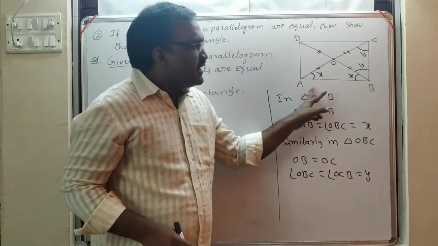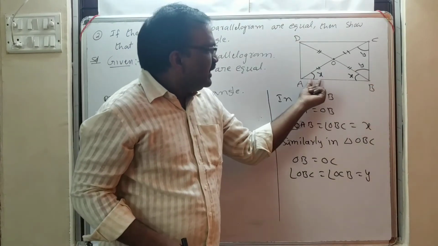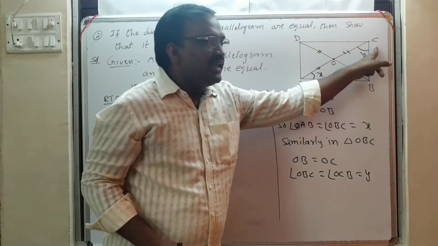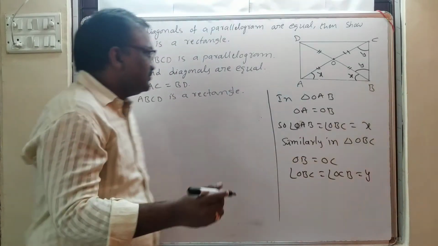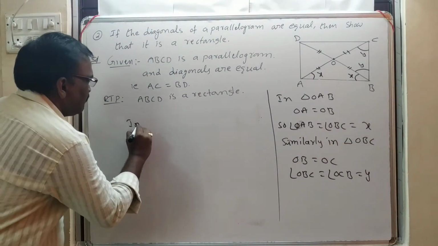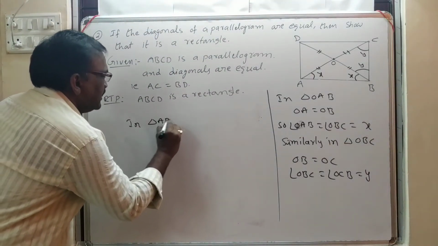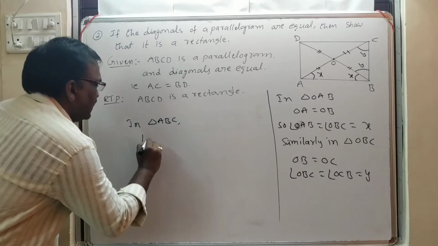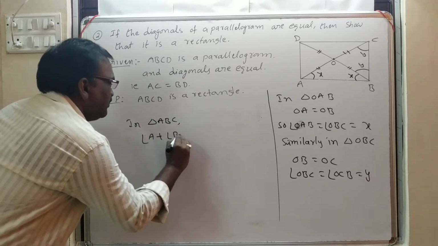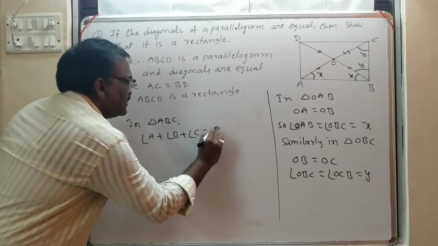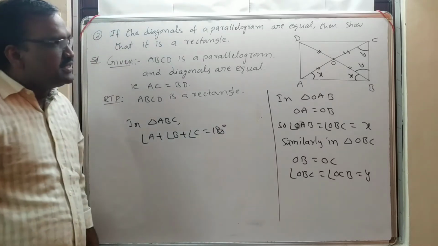Next, in triangle ABC, angle A plus angle B plus angle C is 180 degrees.